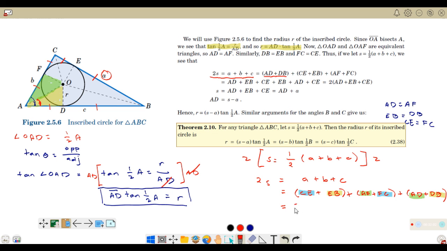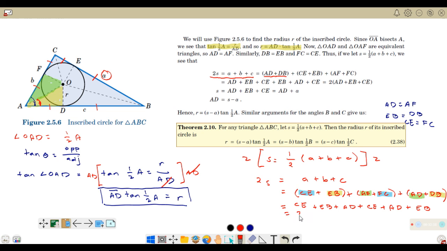So, dito, we will be left with CE plus EB plus AD, plus CE ulit for FC, plus AD. AD pa rin, and then we have here EB. So, lahat sila, dalawang beses na naulit.